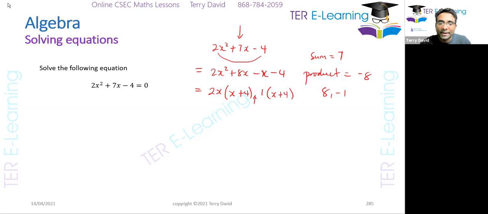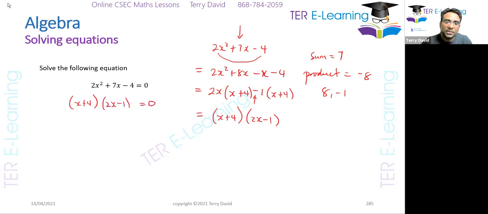So therefore, the only way that can happen is if this is a minus sign. So this is going to become x plus 4, and this is going to be 2x minus 1. So that's what I'm getting when I factorize it. So this is x plus 4 multiplied by 2x minus 1, equal to 0.